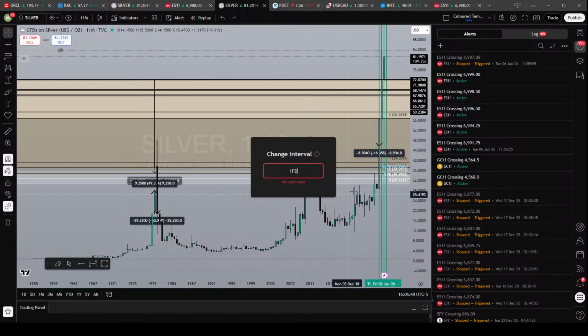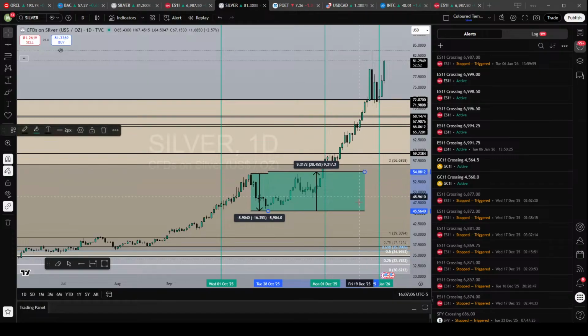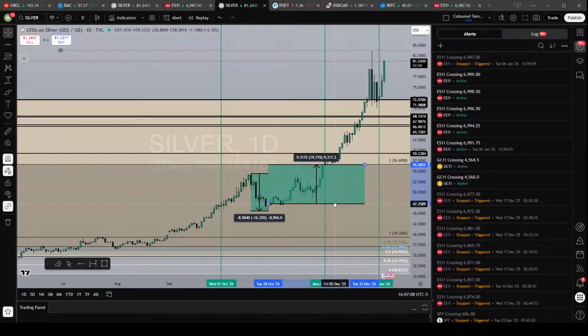I was thinking that on the shorter frames, we could maybe use those ranges. So let's see. 9.25 could be the range that has to break once they clear, something like this area in here. Do you see that?